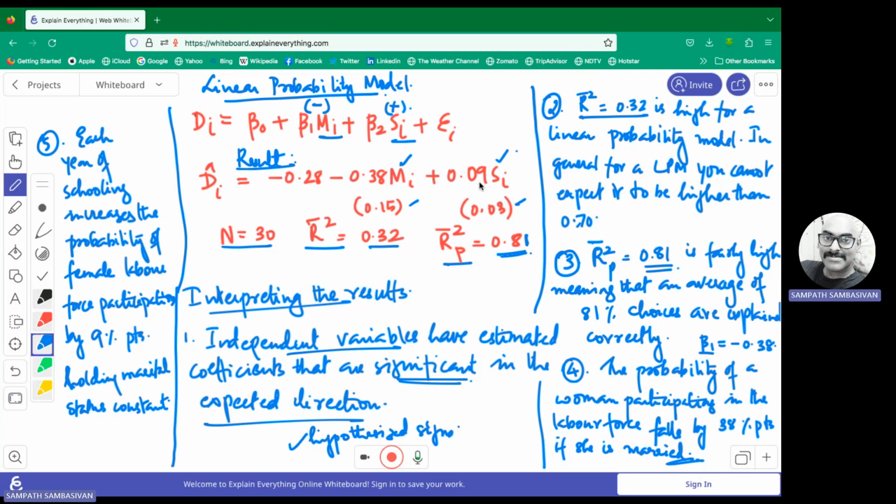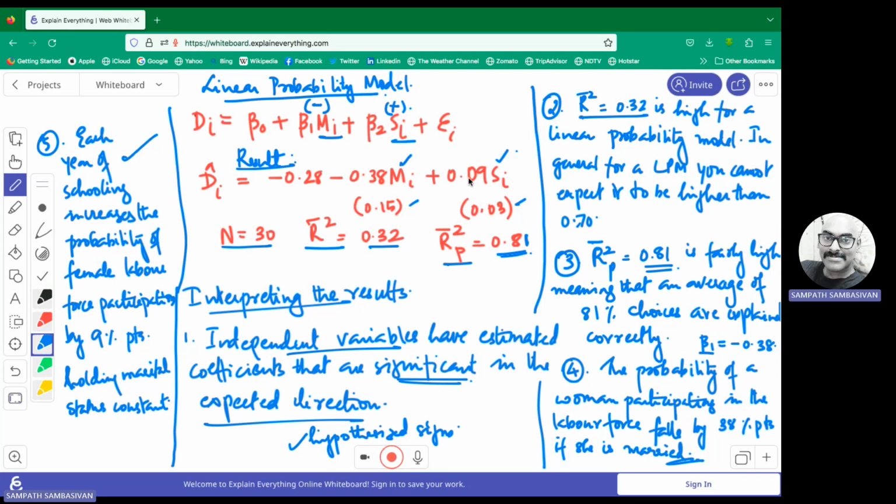Similarly, if we try to interpret the coefficient beta 2, the estimated value is 0.09. What does it indicate? It indicates that each year of schooling increases the probability of female labor force participation by 9 percentage points.